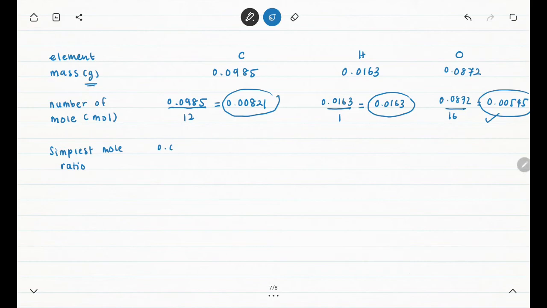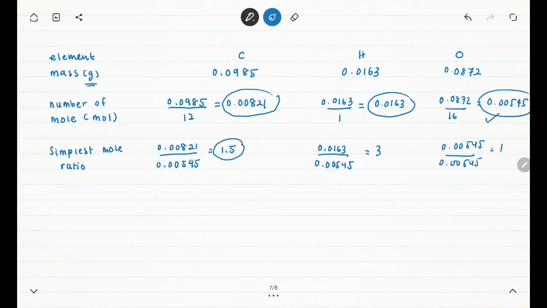For carbon, 0.00821 divided by 0.00545, you will get 1.5. For hydrogen, 0.0163 divided by 0.00545 equals 3. For oxygen, 0.00545 divided by 0.00545 equals 1.